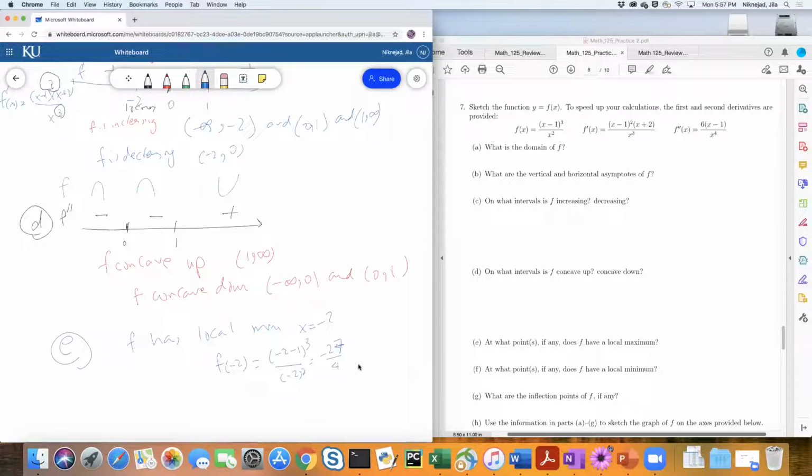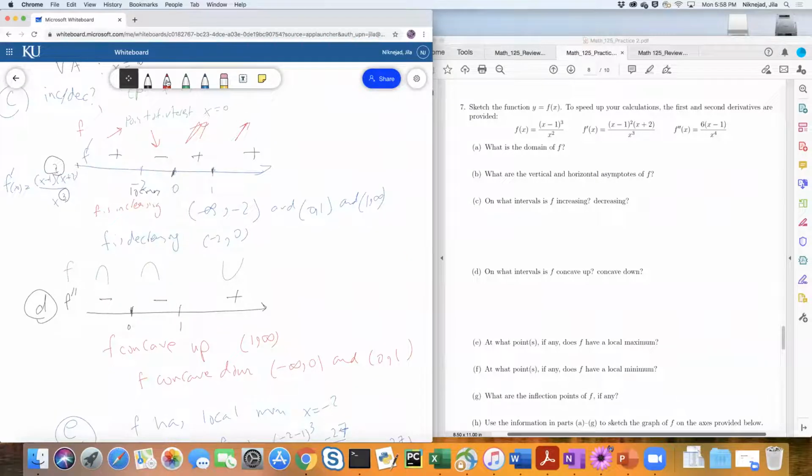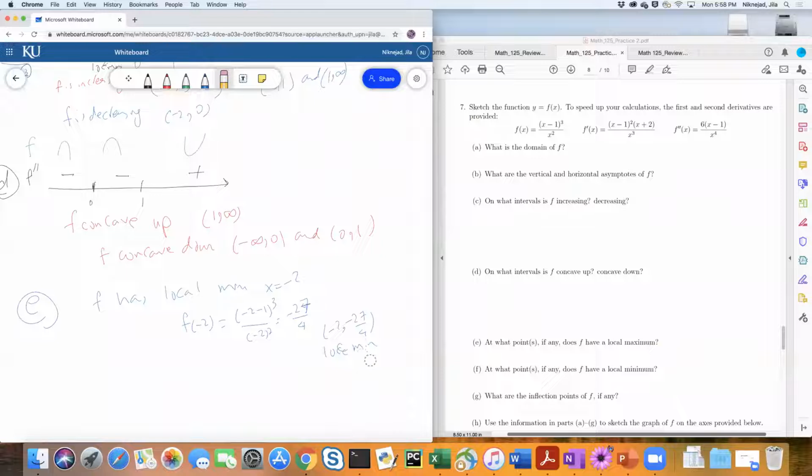So -2 and -27/4. Should E be a max? Yes, it should be a local max. There is no local min. I cannot read my handwriting apparently. Yes, that's a max, not a min. So this is a local max.